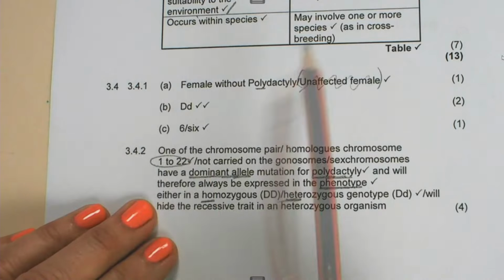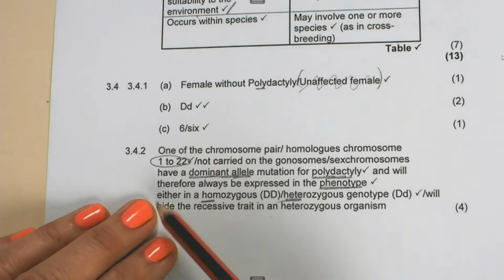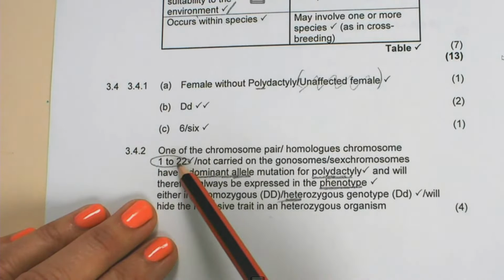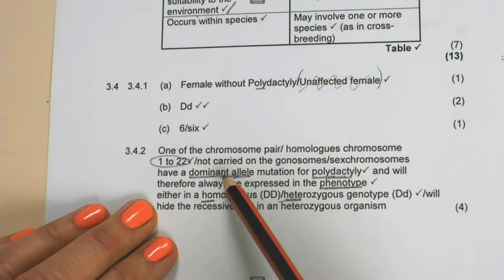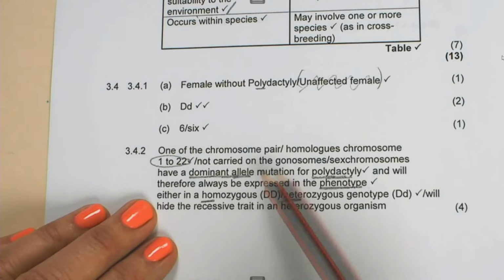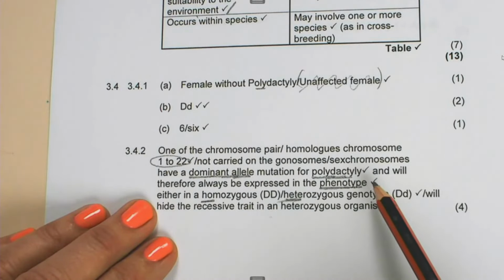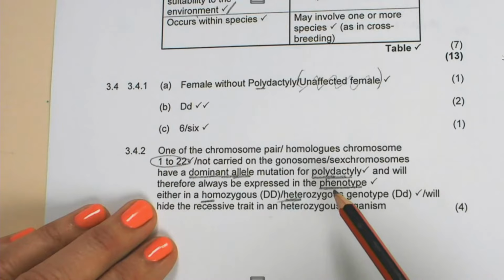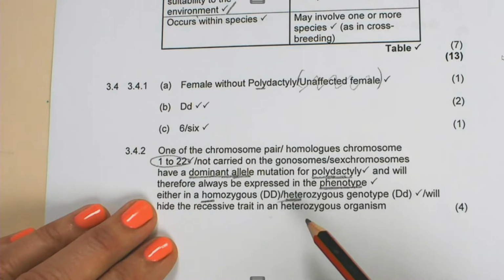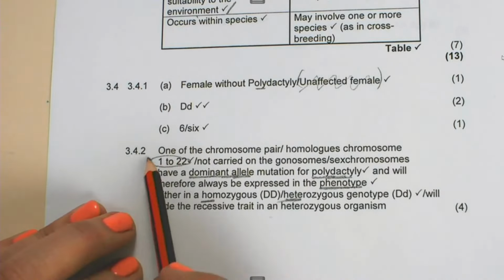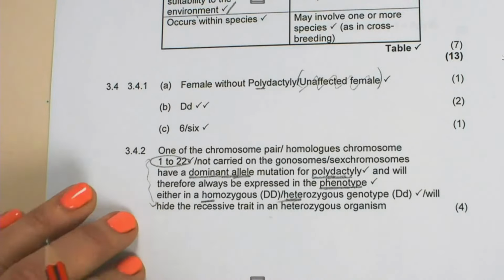So autosomal dominant allele means it's an allele that is found on the chromosomes 1 to 22. It is a dominant one that causes polydactyly, and in the phenotype it's only expressed in the heterozygous or the homozygous condition. So a lot of explanation there also.